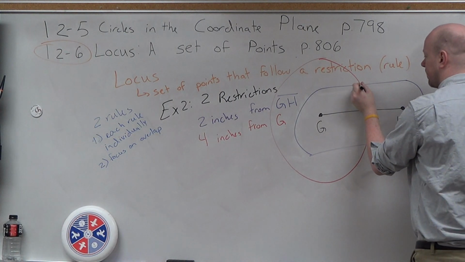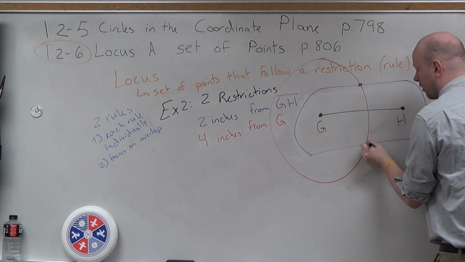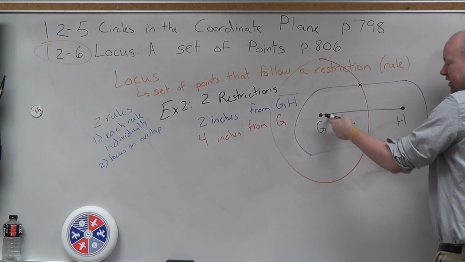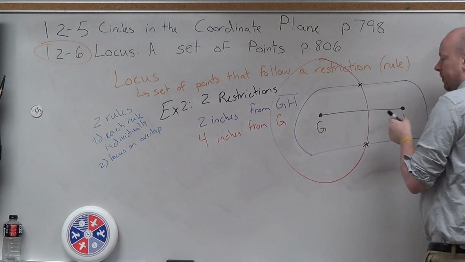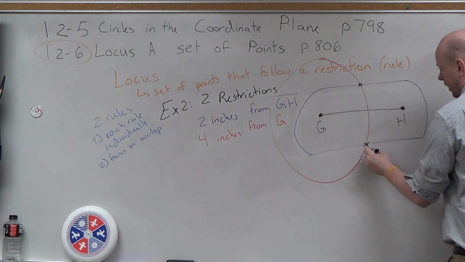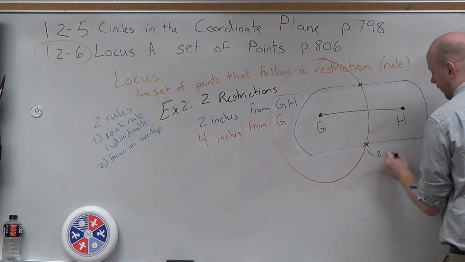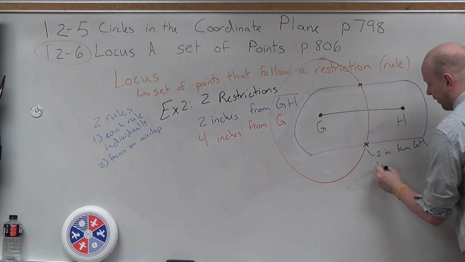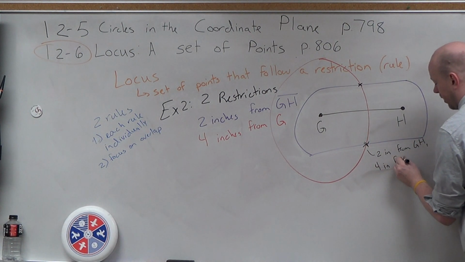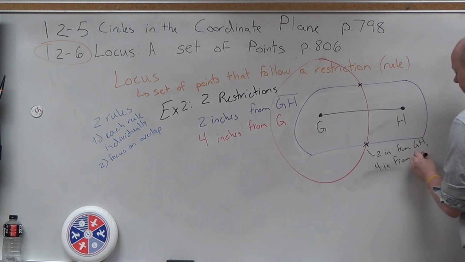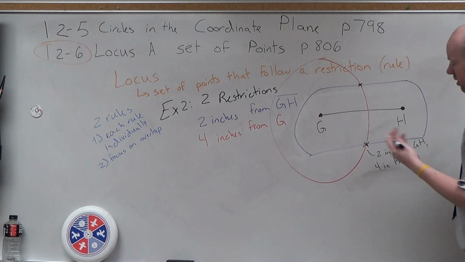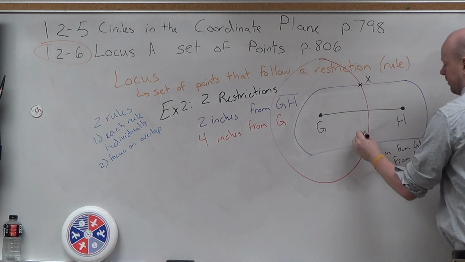So here would be a solution, and here would be a solution. Because it's 2 inches away from GH, and it's also 4 inches away from G. So my locus would be this point and this point, let's say X, Y.